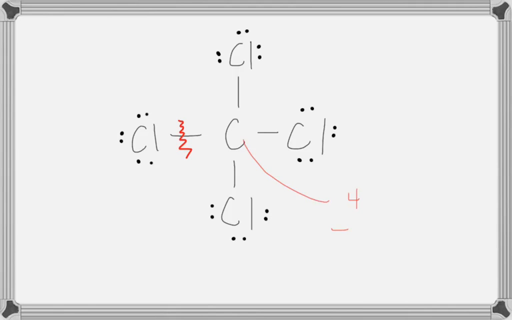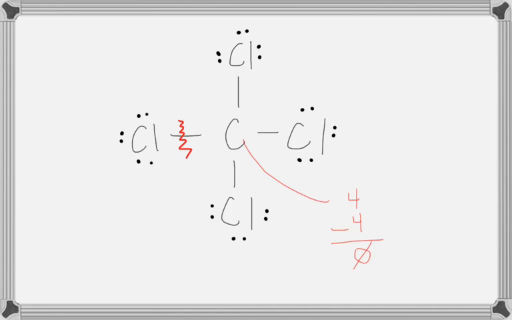Another way to think of that is you just count each bond one time. So do you see that in this structure, carbon has 1, 2, 3, 4 electrons? Because the electrons in that bond are divided evenly. So I subtract out 4. The formal charge for carbon is 0. Okay?